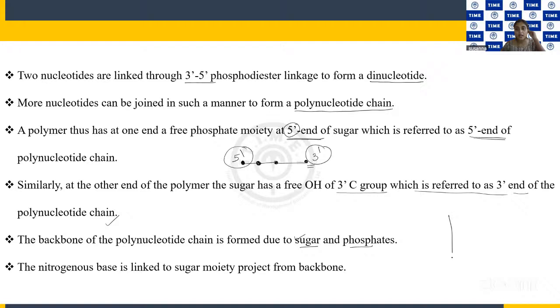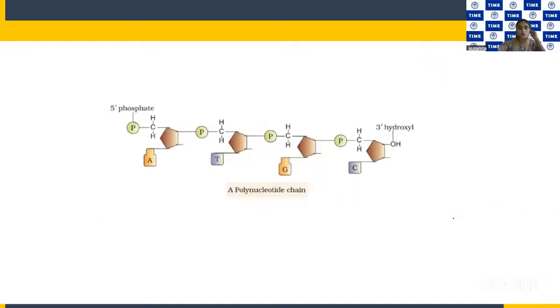So the backbone is formed by sugar phosphate, whereas the nitrogenous bases linked to the sugar moiety project from the backbone. So that will be seen as a projected moiety. I hope it's clear how the structure goes. So this is the polynucleotide chain structure.